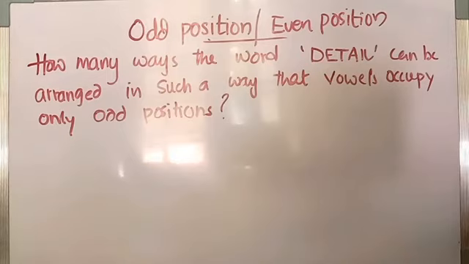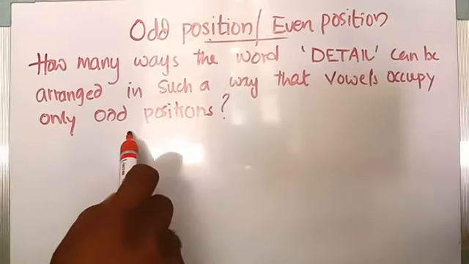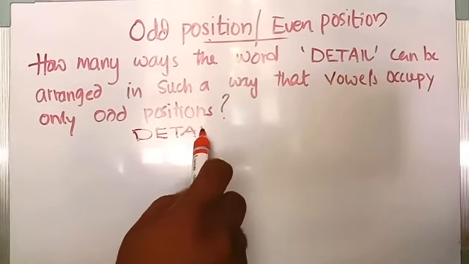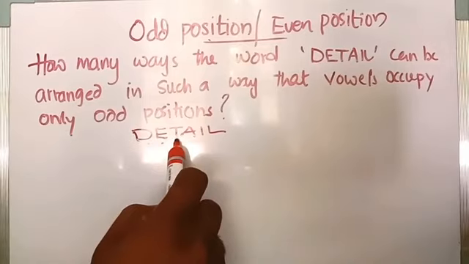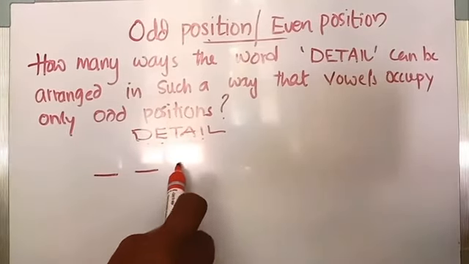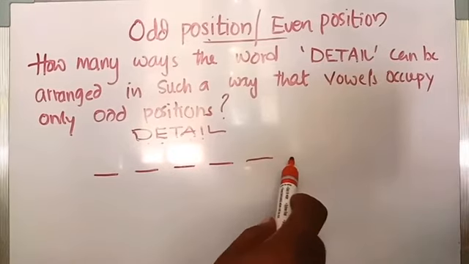Okay, let's see which are the odd positions and even positions. As the word DETAIL has 6 alphabets, let's make 6 positions, 1 2 3 4 5 6.